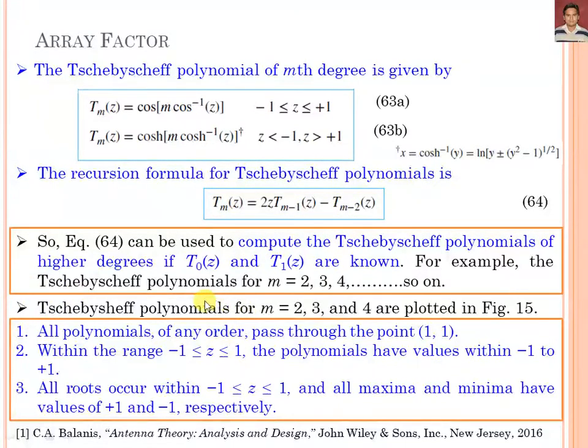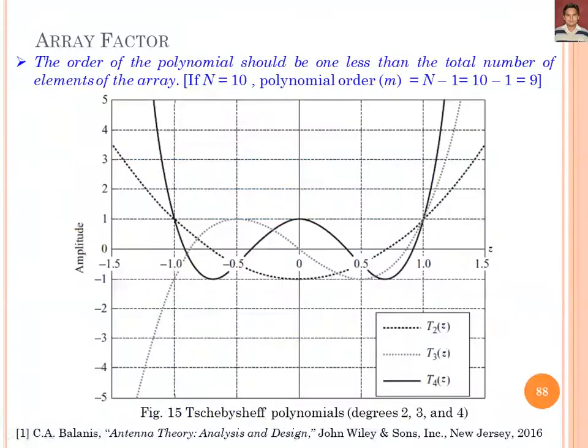The Chebyshev polynomials for m equal to 2, 3 and 4 can be plotted in a figure, and this is the figure. Here we have plotted the amplitude versus z function for degrees 2, 3 and 4: T2z, T3z and T4z. Here you can see the values of T2z lie within the range of -1 to +1.